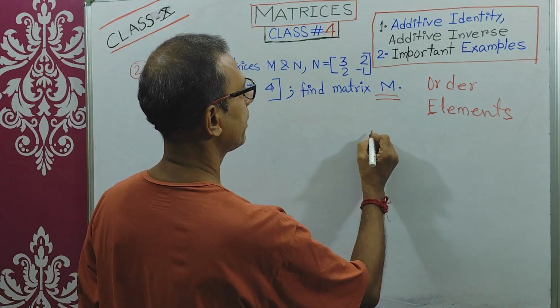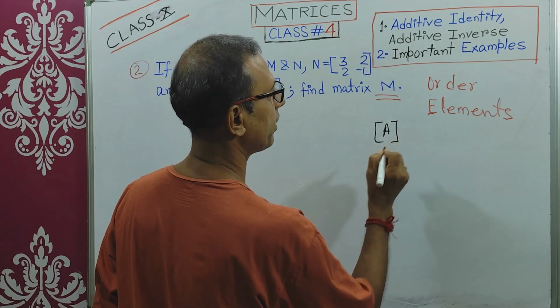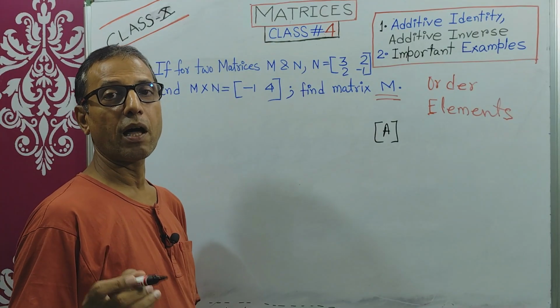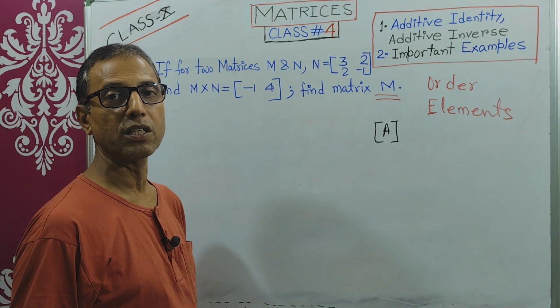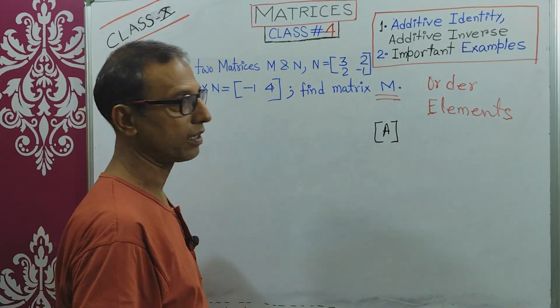You can multiply two matrices only when the number of columns in the first matrix is equal to the number of rows in the second matrix. It is very clearly explained in the third class, right?